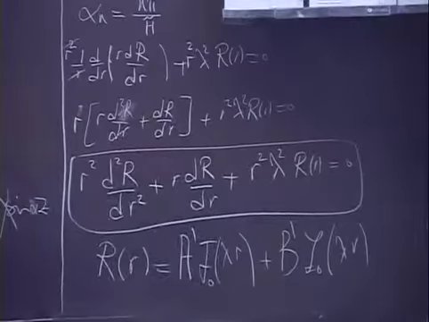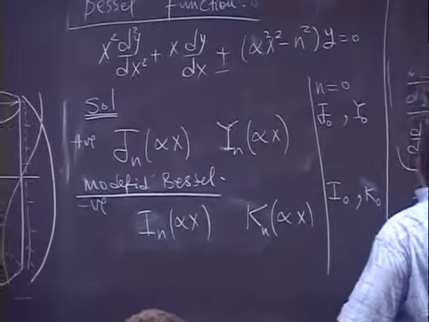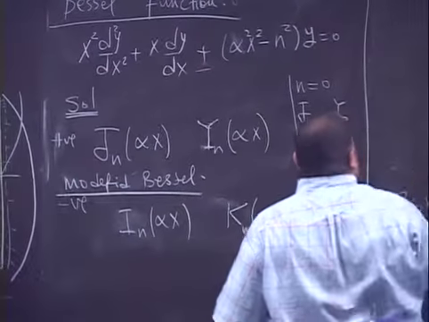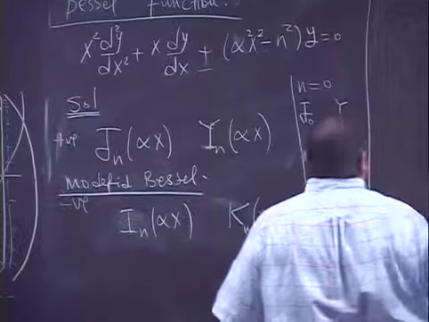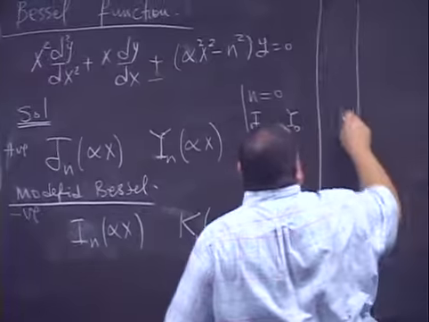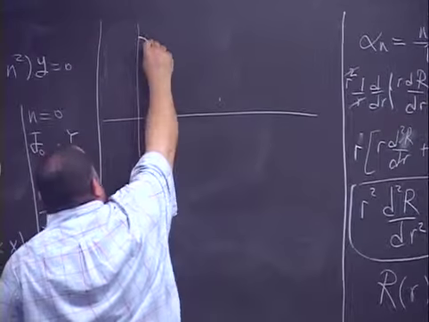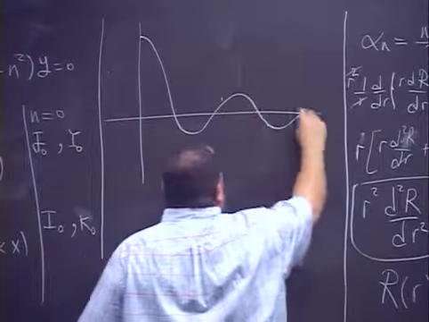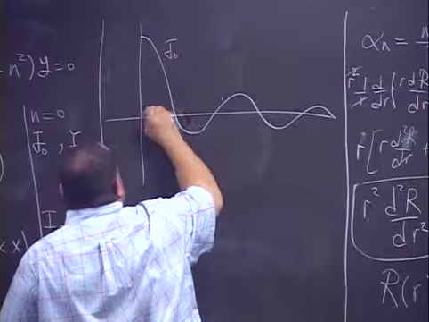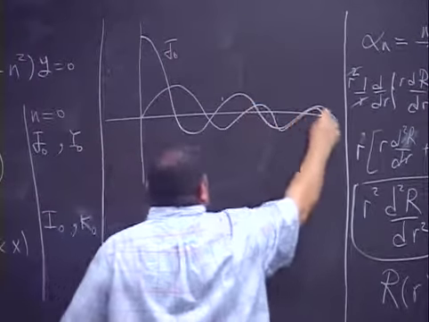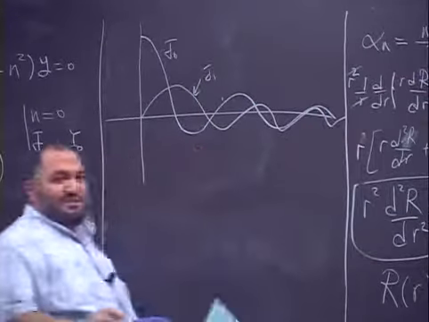Now if I look at the solution and I plot the Bessel functions, especially J0 and J1 and so on, I will notice that the Bessel function of the 0th order will be something like this, and this is J0, and J1 will be something like this. This is J1. If you look at Y, it is not symmetric at all.